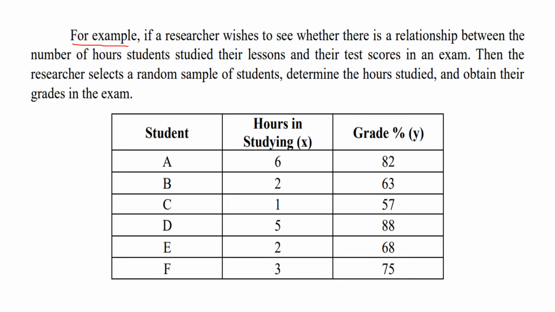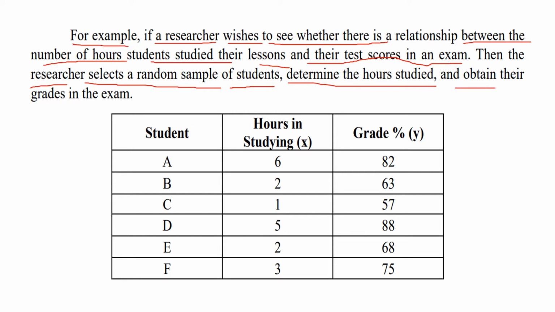For example, a researcher wishes to see whether there is a relationship between the number of hours students studied their lesson and their test scores in an exam. The researcher selects a random sample of students, determines the hours studied, and obtains their grades in the exam.